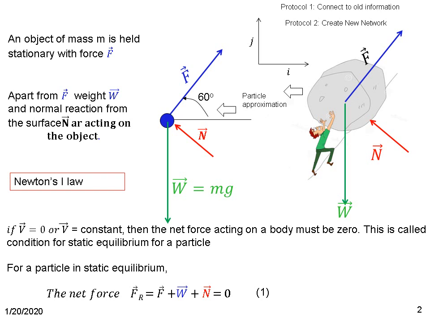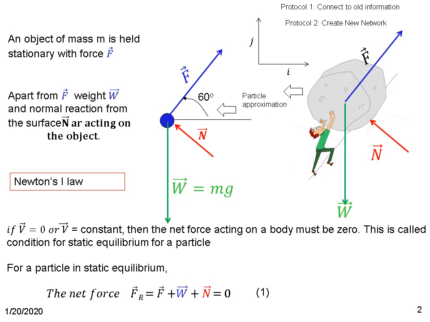According to Newton's first law, if an object is at rest, that is velocity is zero, or if it is moving with a constant velocity, that is motion along a straight line with a constant speed, then the net force acting on that object must be zero.